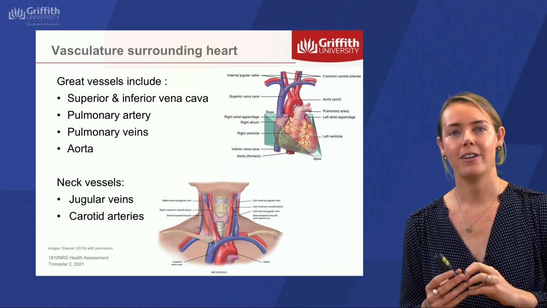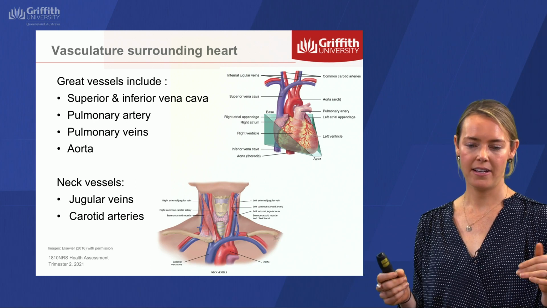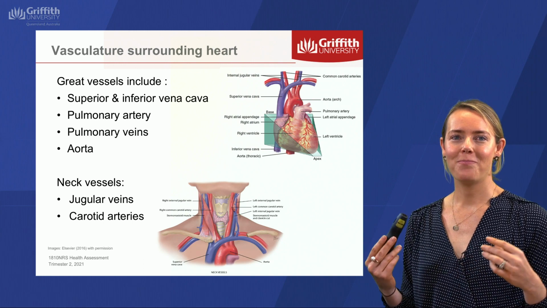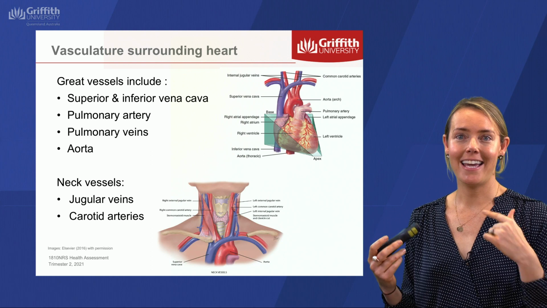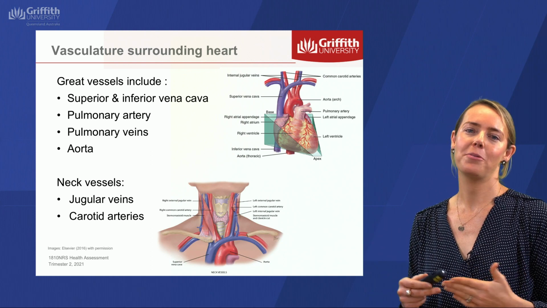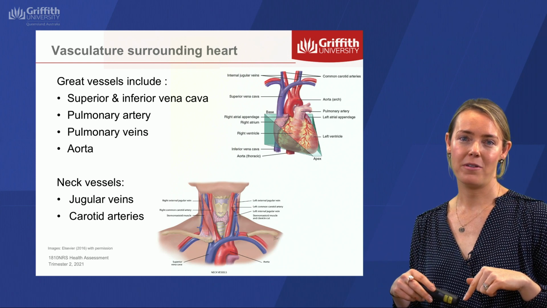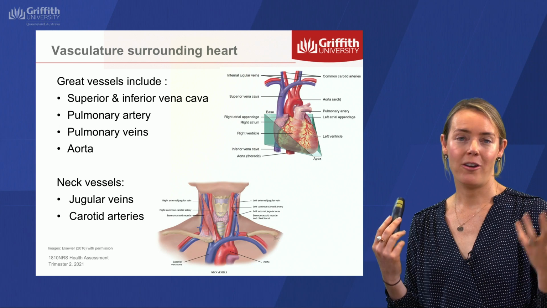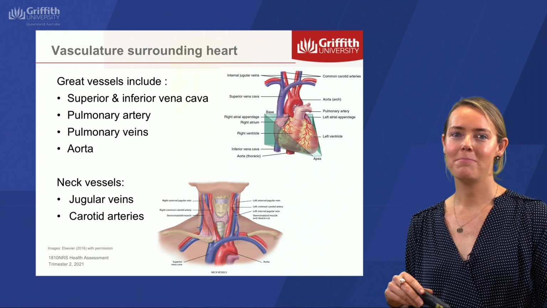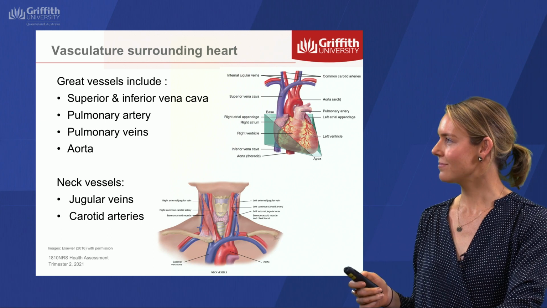And the carotid arteries carry oxygenated blood to the head and neck. We'll discuss that in the physical examination as well. But you can understand that the carotid arteries and our jugular veins are two really important vessels, because they're vital in providing our brain with oxygenated blood. And if that doesn't happen, you will see big symptoms and big side effects from our patient.